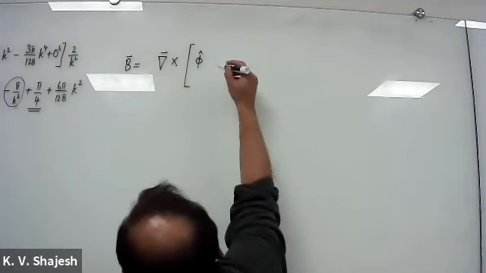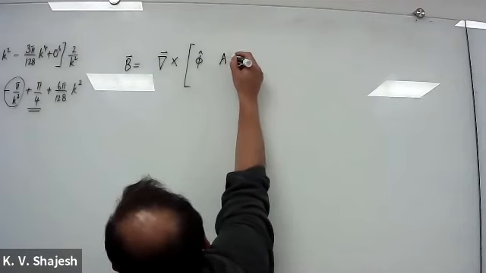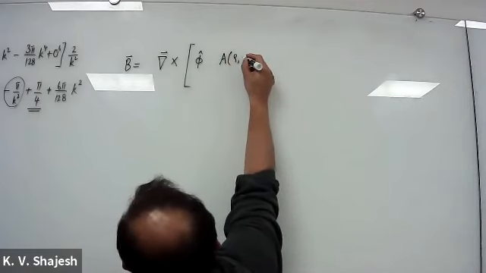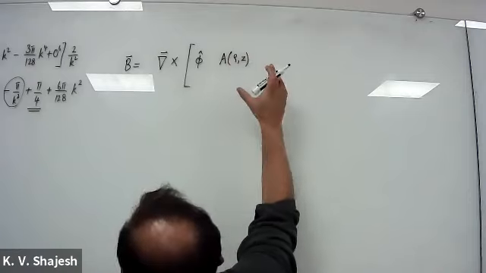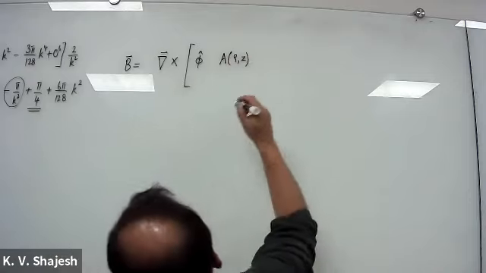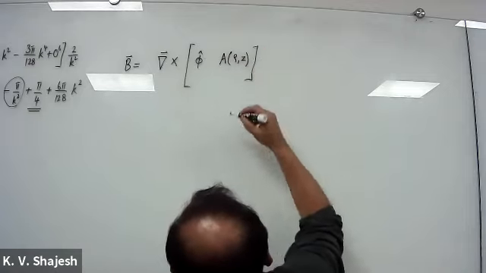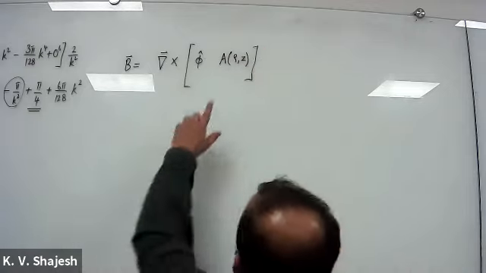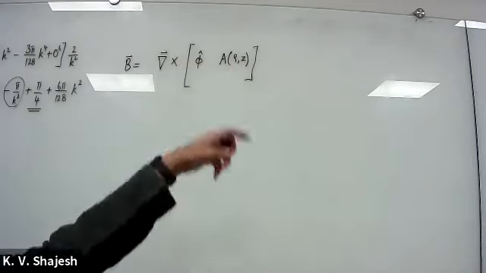So let me write this as A, which is a function of rho and z. Notice that it has no phi dependence. All the phi dependence is in phi hat, right? A of rho, z is the magnitude of the vector potential.